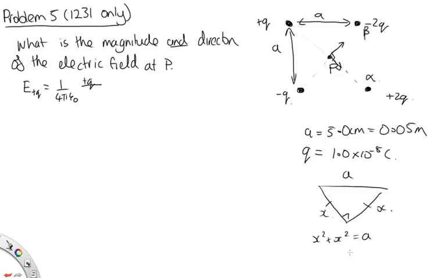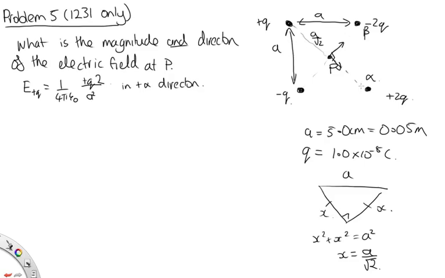So 2X squared is equal to A squared. That's just Pythagoras' theorem. And so X is equal to A over root 2. Okay, so this distance along here is A over root 2 for each of those. So we've got over the distance squared, so that's A squared on 2, so we can put the 2 up the top. And this one here is in positive alpha direction.